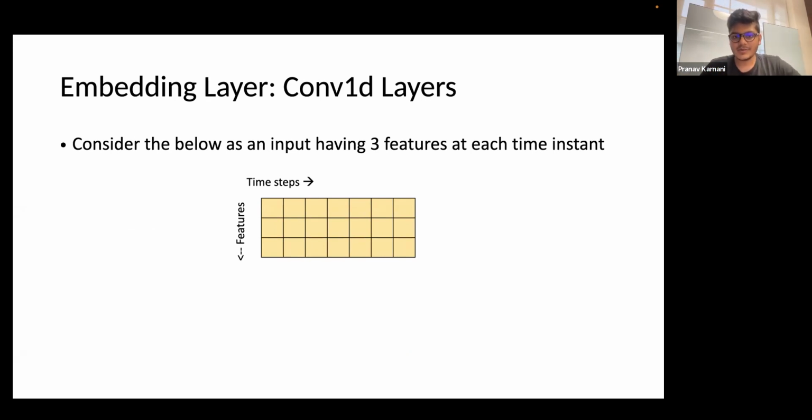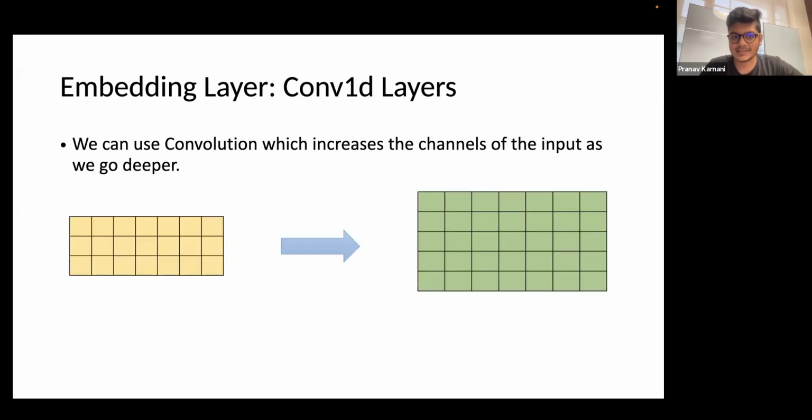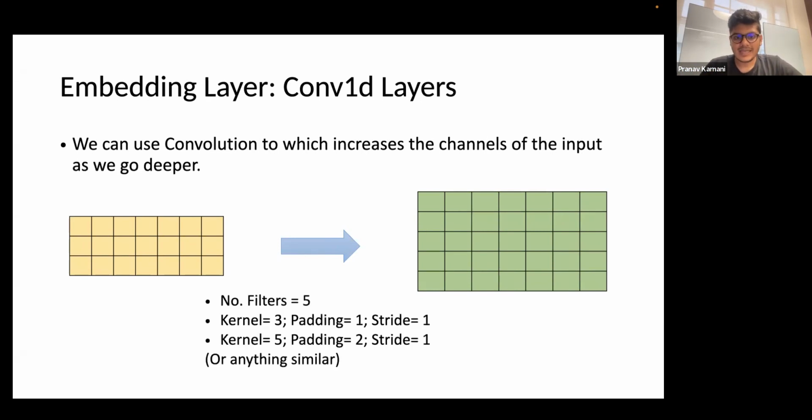This would require you to transpose or permute this entire input such that your features get inflated and you can calculate hidden features. So your input features are now inflated to have more hidden features, as you can see in this diagram. What we have used here is a filter of size 5.